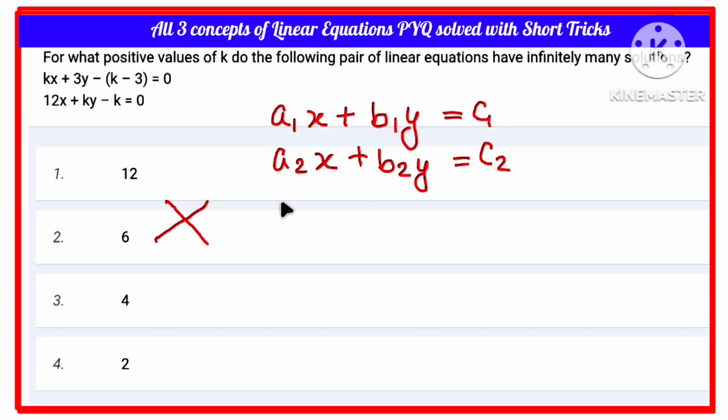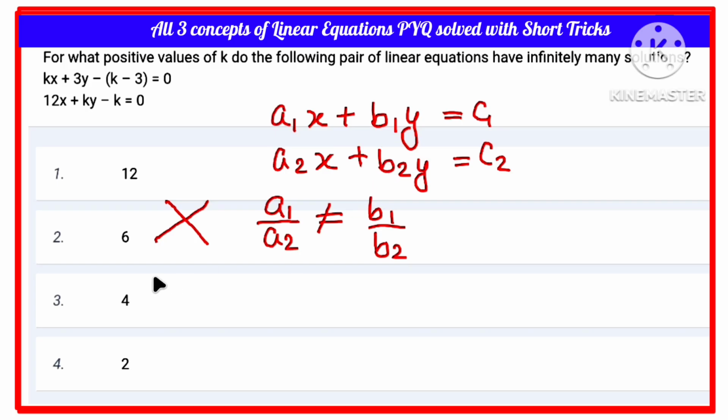In that case, a1 divided by a2 will be not equal to b1 by b2. That means when two lines intersect each other, then a1 divided by a2 will be not equal to b1 divided by b2.